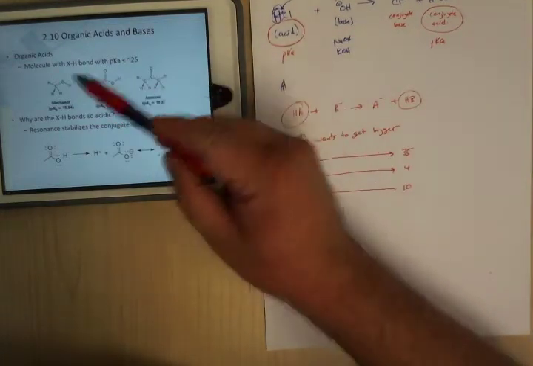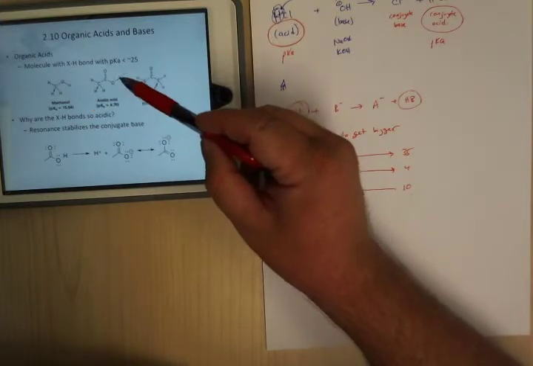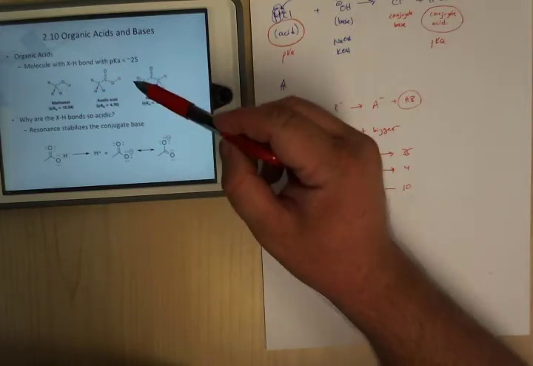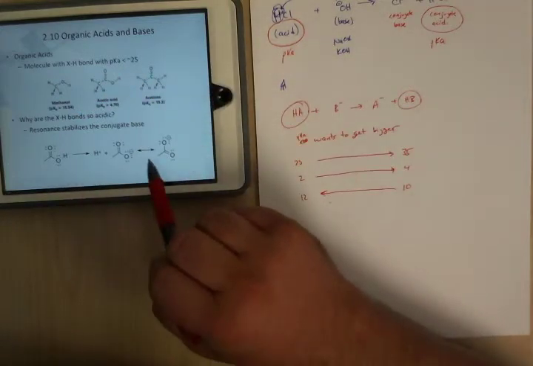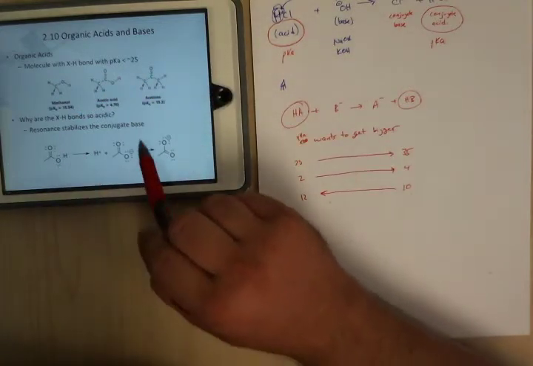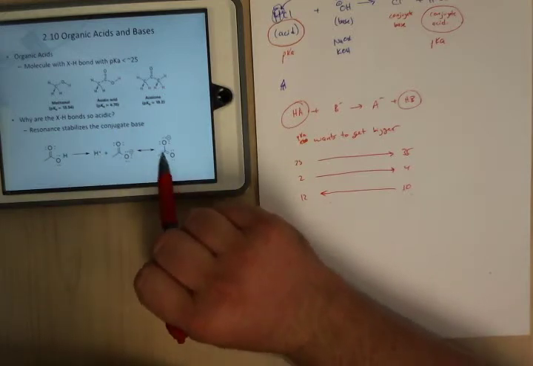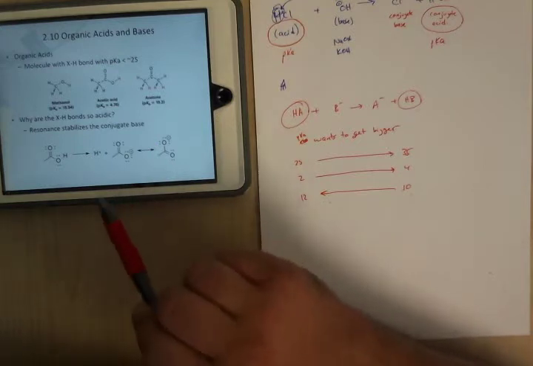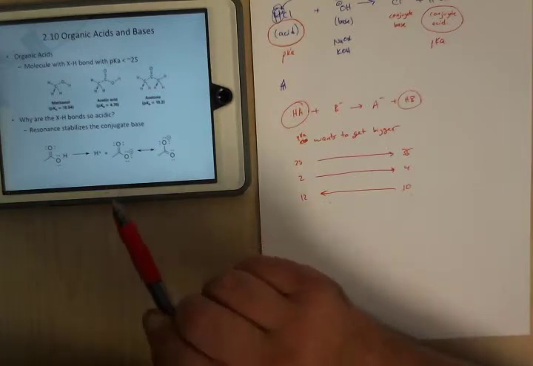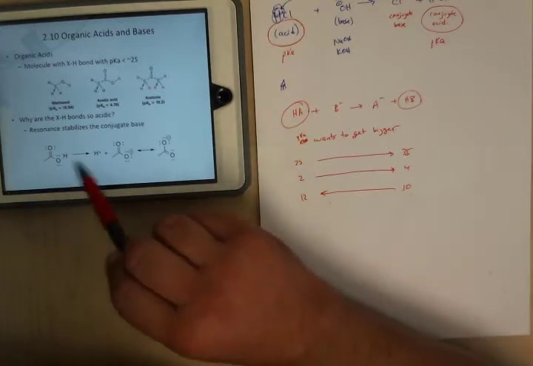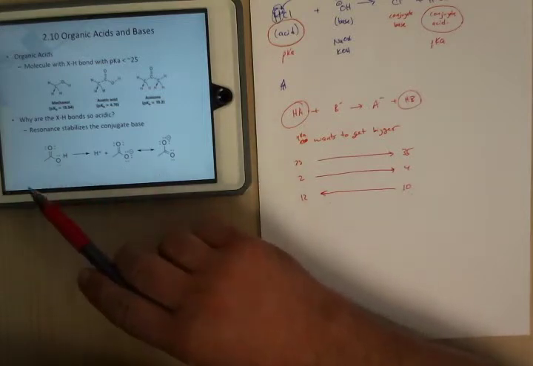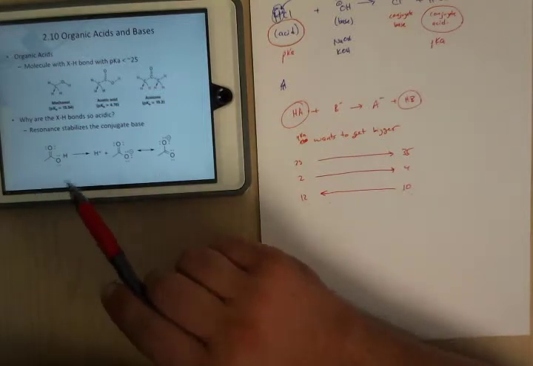So why is this OH much more acidic than this OH? They're both OHs. Well, it has to do with the resonance stabilization of the conjugate base after the base comes in. If you can form resonance stabilization, that means it's more likely to happen, so the molecule is much less resistant to it happening.